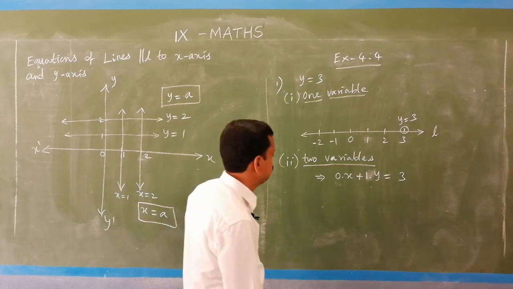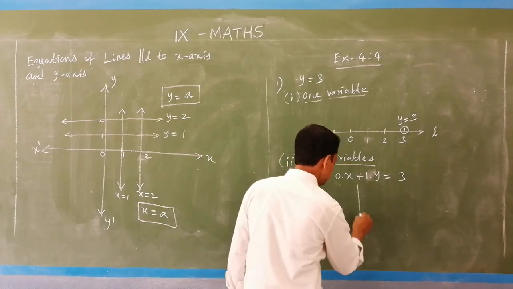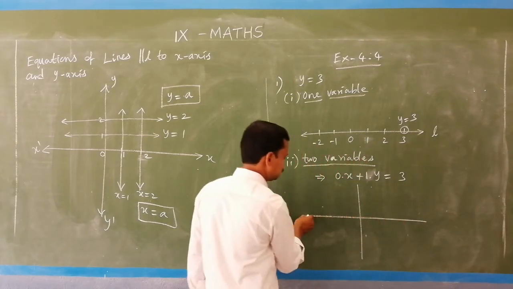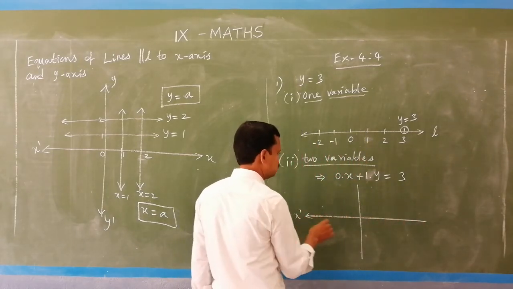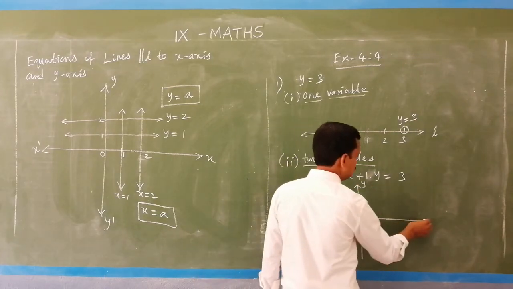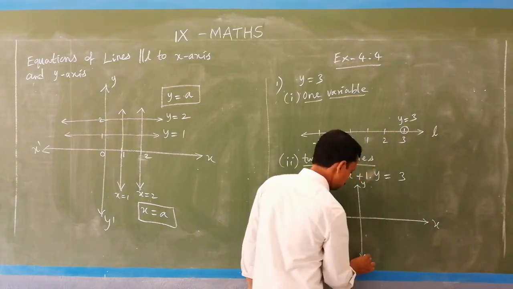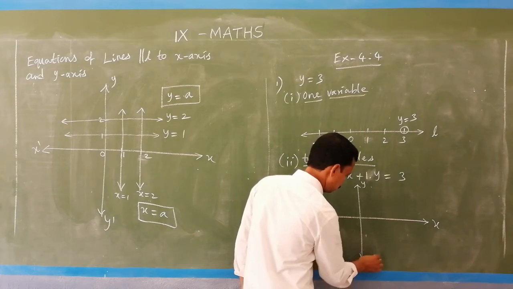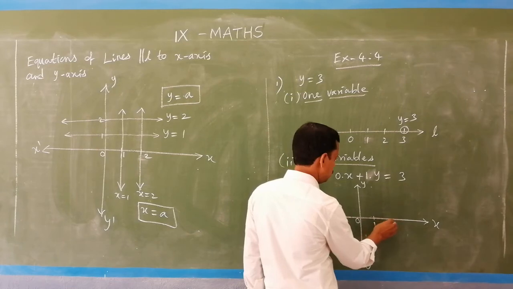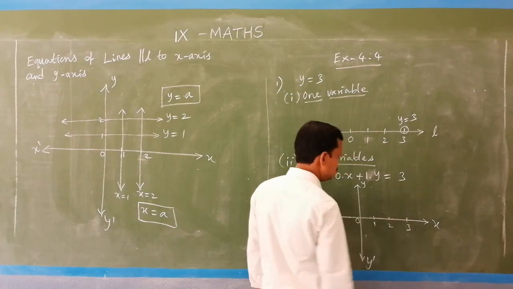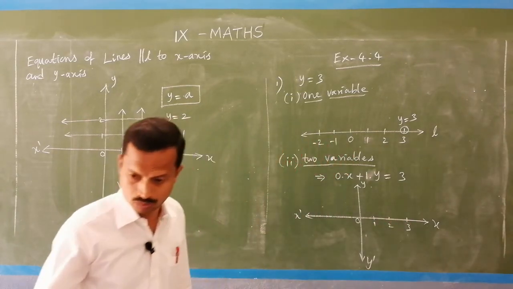So, for that you can take a graph, x dash, the Cartesian plane you have to take, y dash. So, origin, and this is 1, 2, 3. Wait, I will do it for you on the next page.